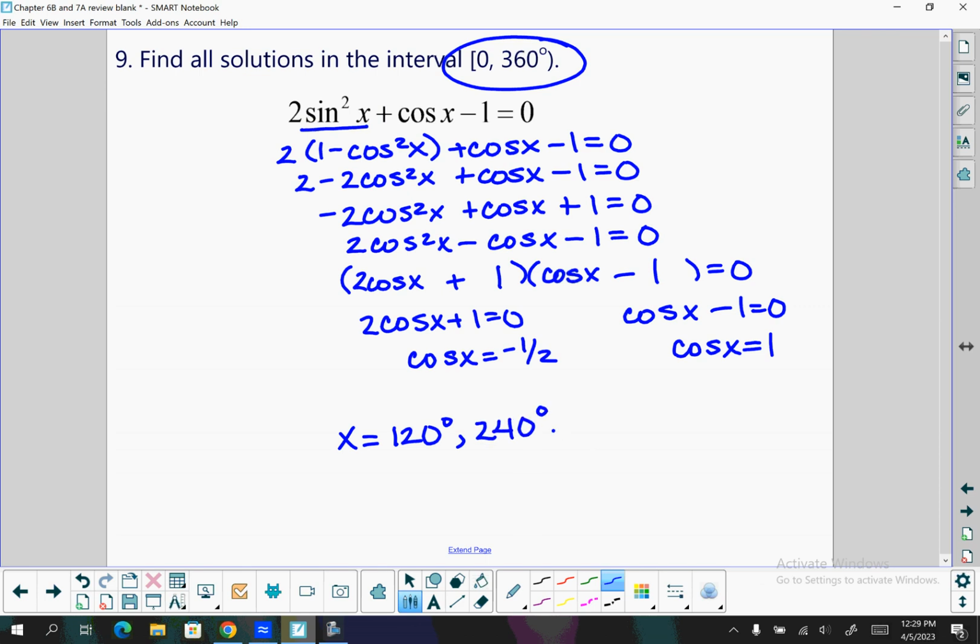And then where does cosine equal 1? So it's 0 or 360 because they're in the same spot. So look up at the instructions. Which one are we equal to based on how it's written? 0, because it's a bracket at 0, parentheses at 360. So it tells us which one to use if you get stuck there. Okay? Questions on that?